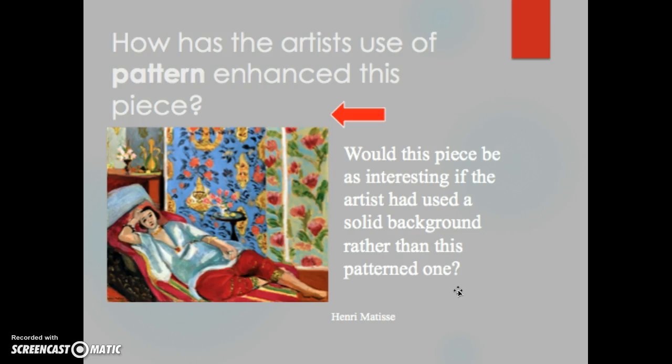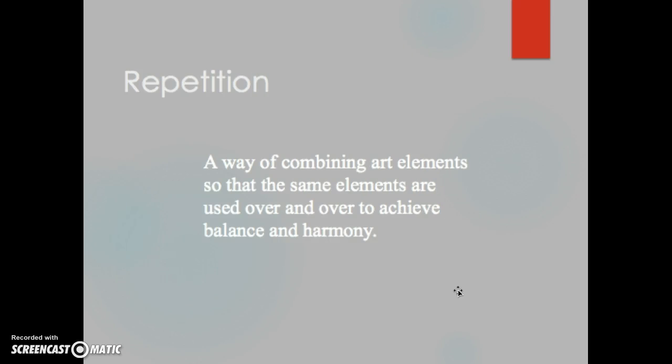Line, shape, color. How about this one? How does the pattern add to this painting here? What if the artist had chosen to include a solid background behind this reclining figure? It would definitely not have been the same painting, right? This pattern gives interest, and it's a real contrast to the bigger shapes of color that make up the reclining figure.